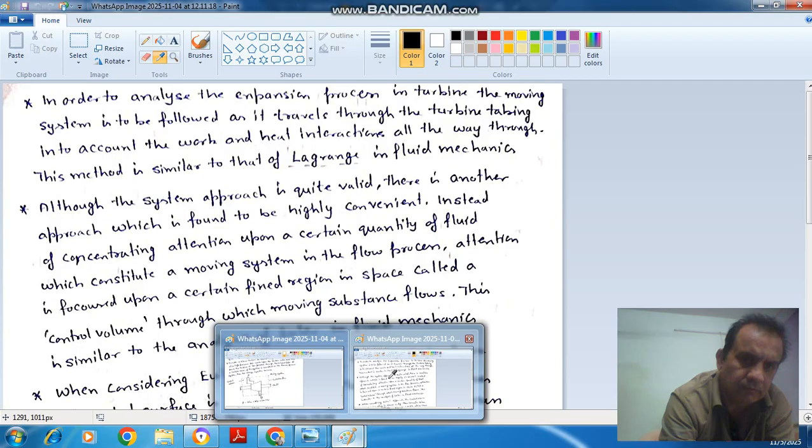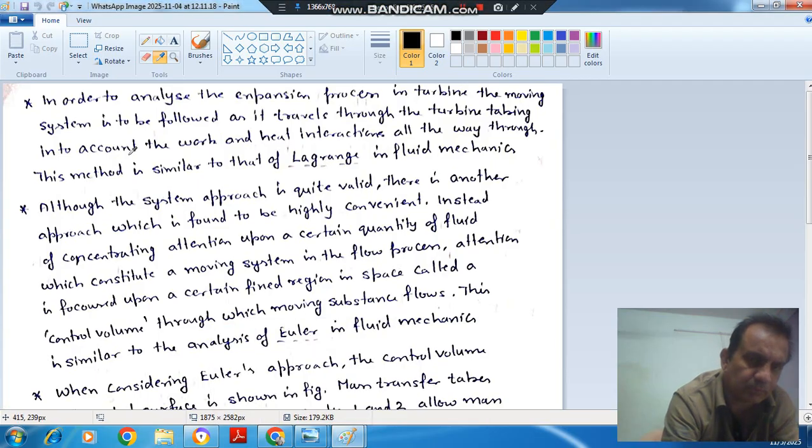Now that we have discussed the Lagrangian approach and Euler's approach, these two paragraphs give the theory of this. In order to analyze the expansion process in the turbine, the moving system is to be followed as it travels through the turbine, taking into account the work and heat interaction all the way through.